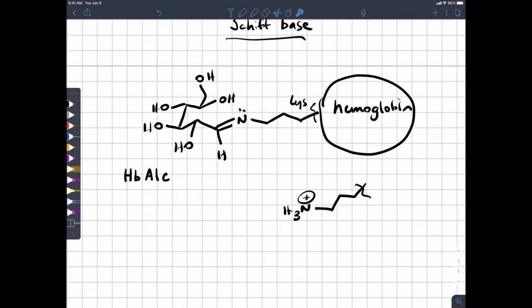Yeah? Are there a number of those glucose molecules bonded around the hemoglobin? Could there be more than one? I think so. I don't know how specific it is. There are easy ways in terms of analytical chemistry to determine whether you've got one glucose on or multiple glucoses.